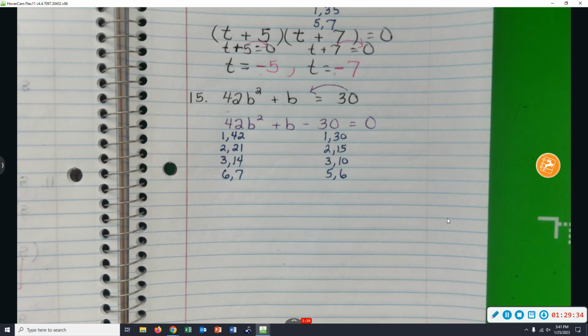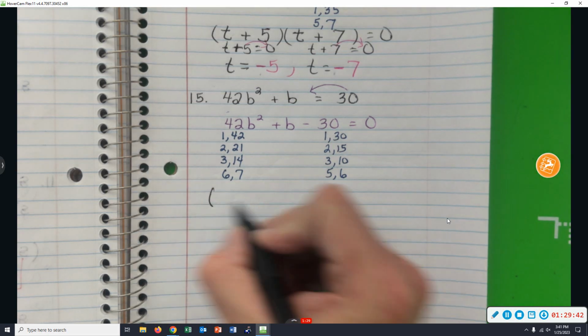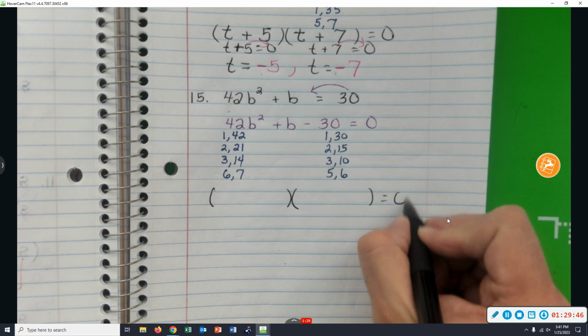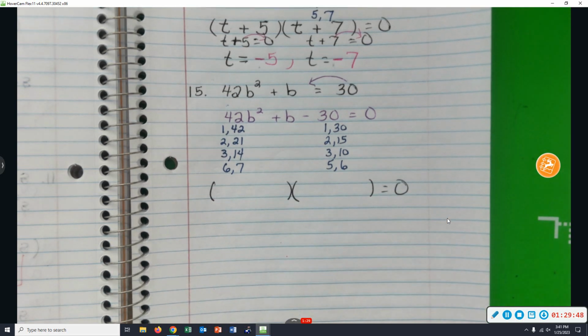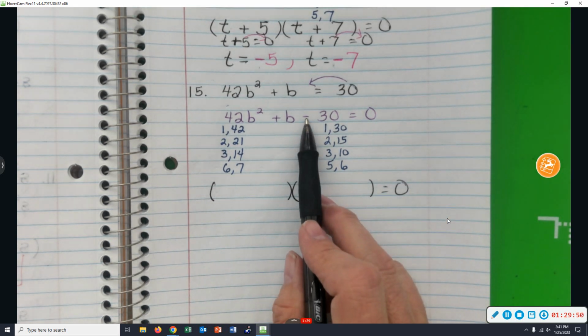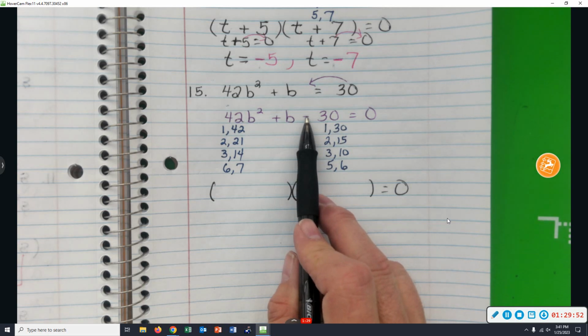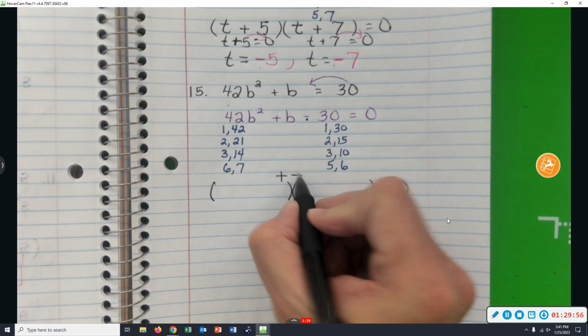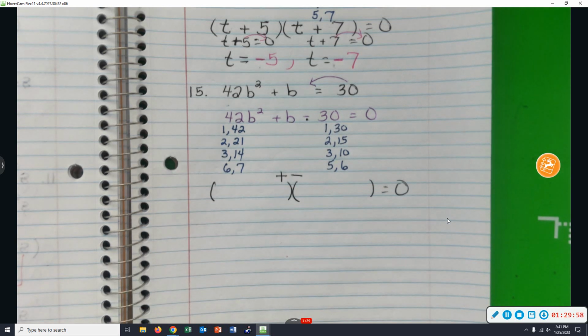If you don't know that 5 times 6 gives 30 or 3 times 10, it's going to be very difficult. Okay. Second sign is minus, so what am I going to put? A plus and a minus? Oh gosh.